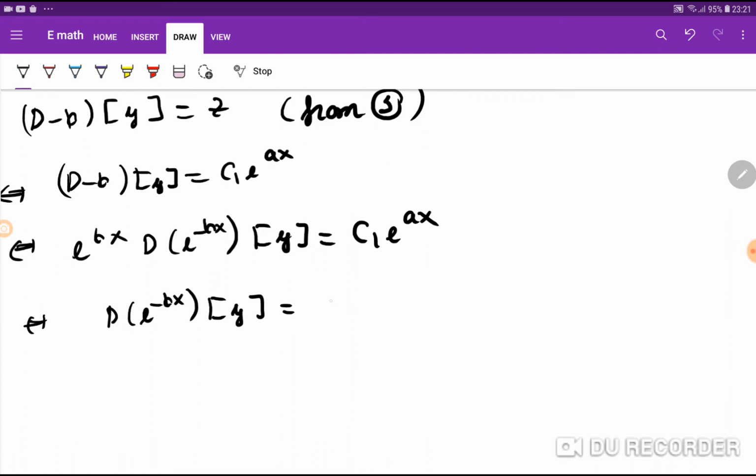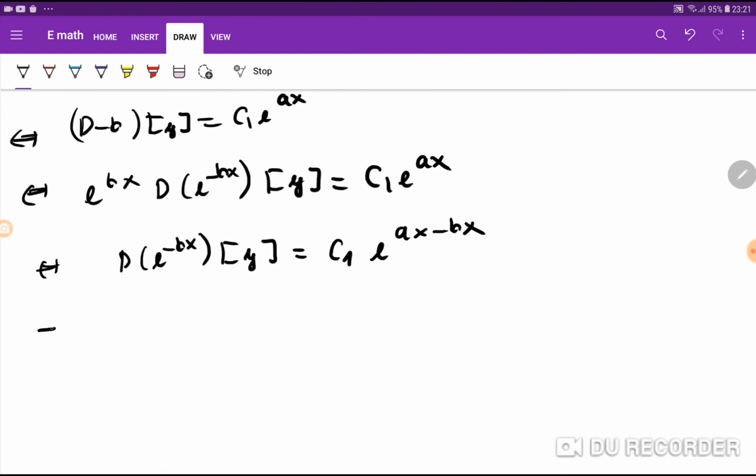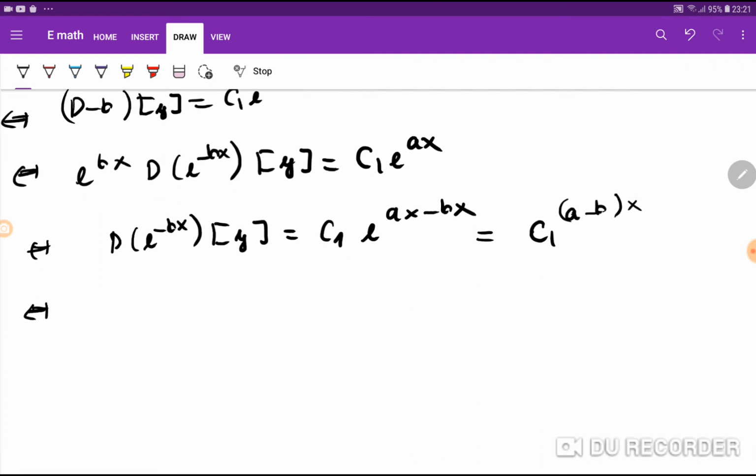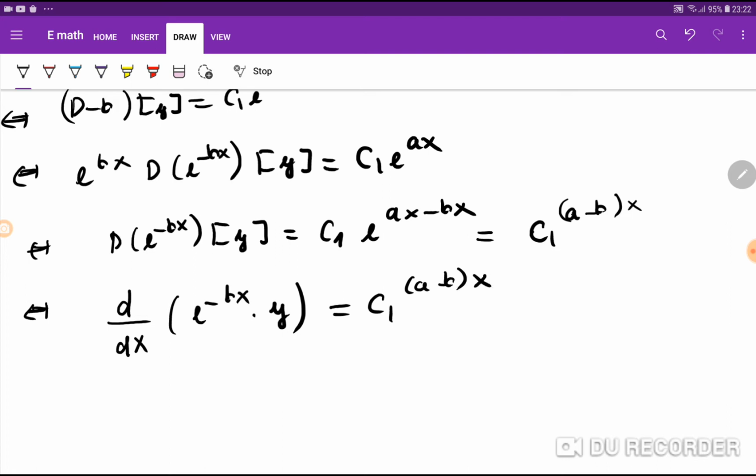You get c1 times e to the power of ax minus bx. Alright, and then I can write this as c1 e to the power (a minus b)x. Okay, just factor it. Now I'm going to write normal form. The derivative of e to the power negative bx times y equals c1 e to the power (a minus b)x.